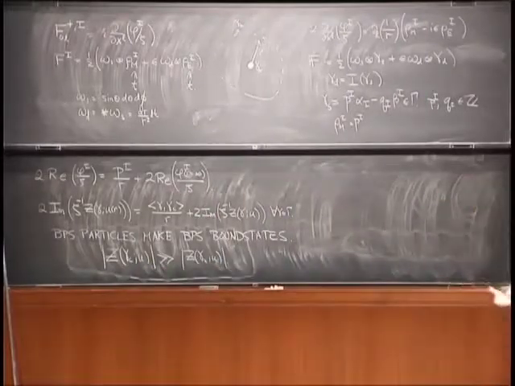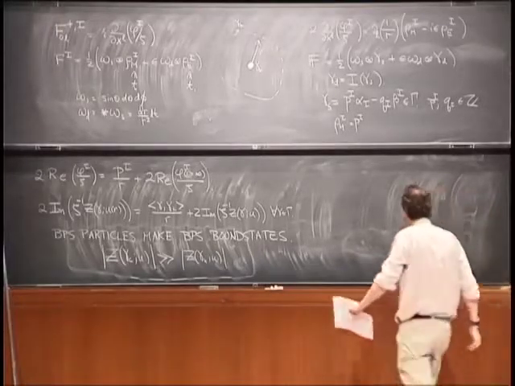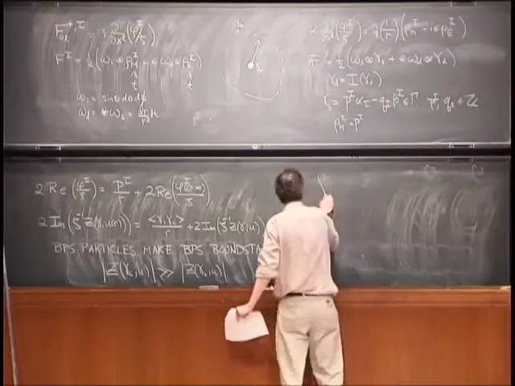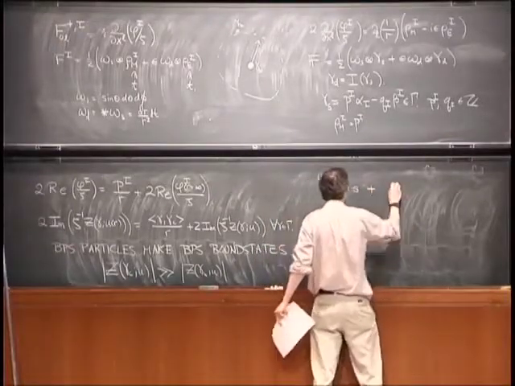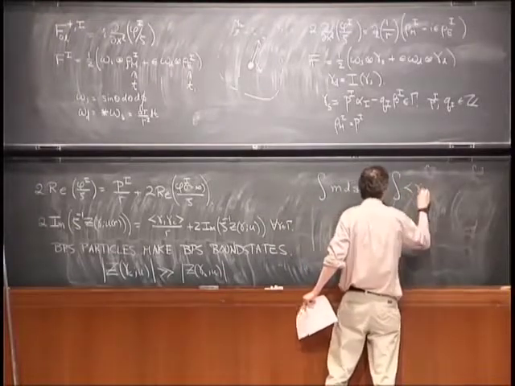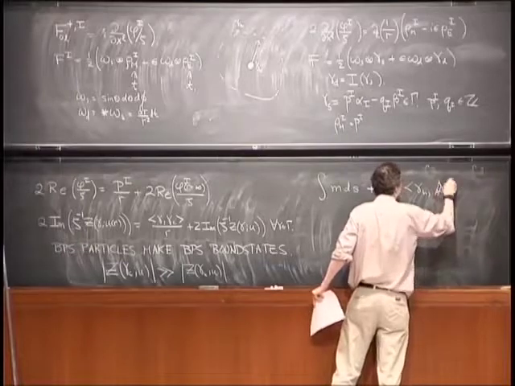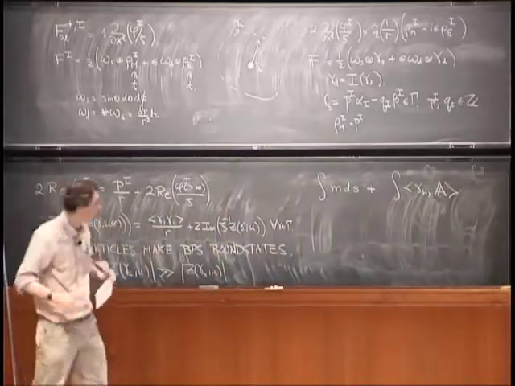So what is the dynamics of this probe particle? Well, the dynamics of a particle moving in an electromagnetic field is m ds, where s is the proper time, plus gamma inner product A. This is a slight generalization of a formula I hope you all know.